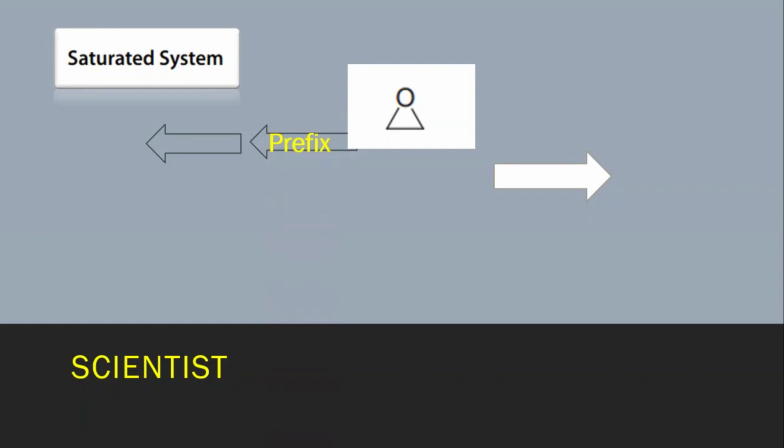It is oxygen. Do you remember what oxygen was? It was oxa, so we use the prefix oxa. Now the stem, which means ring size.